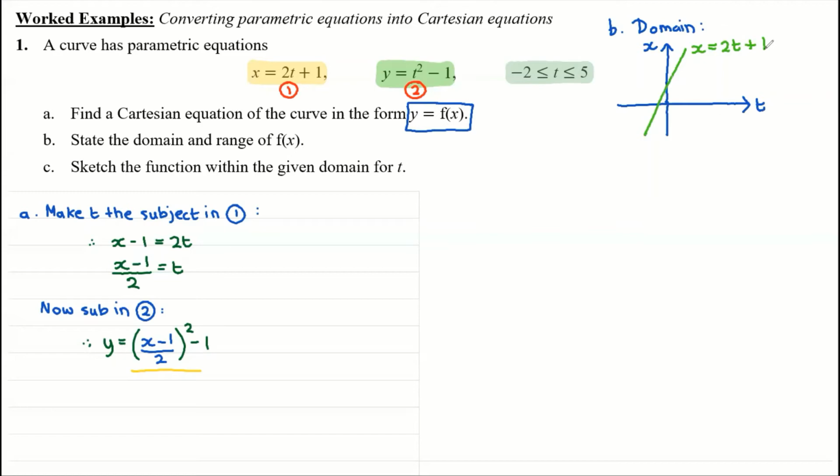So if you're looking at t values between -2, now if we just think about where this graph crosses the t-axis, which is right here, that's going to be at -1/2. So -2 will be somewhere over here. I'll just put it in here.